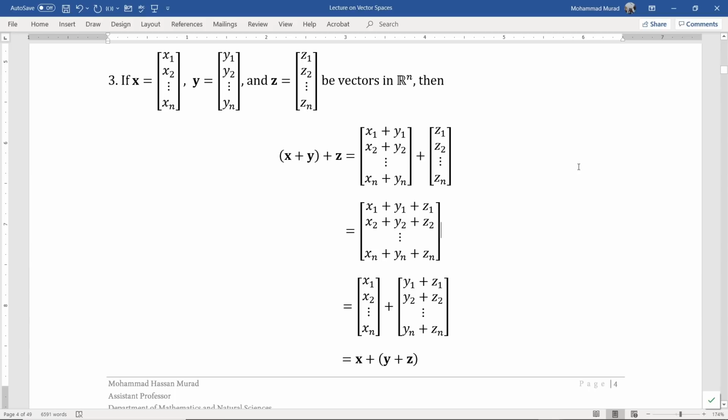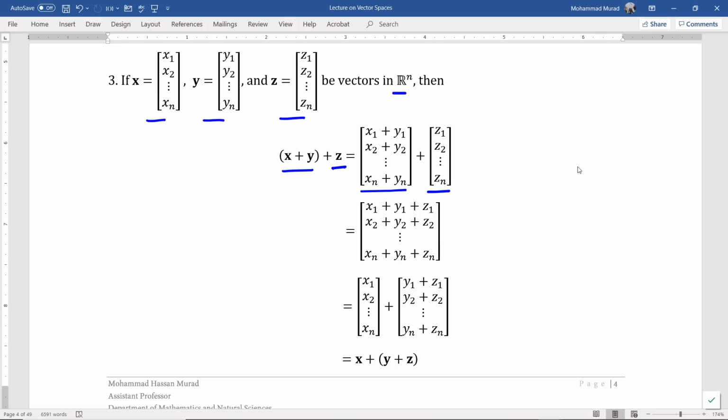In a similar fashion, we can try to prove property 3. To prove that, let's take three vectors x, y, and z from the set Rn. Then we compute the sum x plus y plus z. So here is the vector x plus y in its component form and the vector z in its component form.